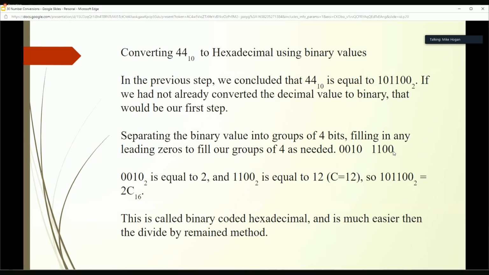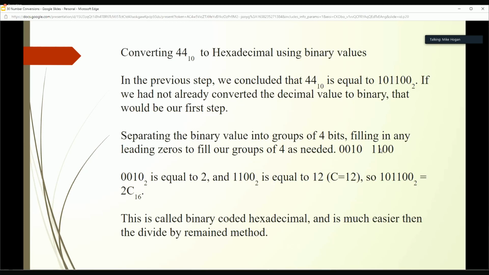Now, all we got to do is just take each one of these and convert it to the corresponding value in hex. What's this number in decimal? 12. 12, right? 12 was one of those, that's a double digit number. And so we can't just write 12.